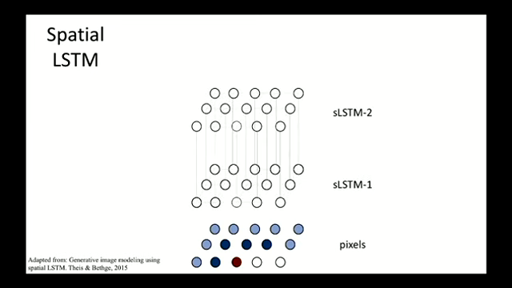Now, say we have 2 LSTM layers. Each of these circles indicates an LSTM unit. So we have 2 different LSTM layers. What we do is this is our input to state vector. That is, the features we have for these pixels get fed as input to this LSTM unit, and we also have another input, a feedback from the previous LSTM unit, which acts like a recurrent connection again.